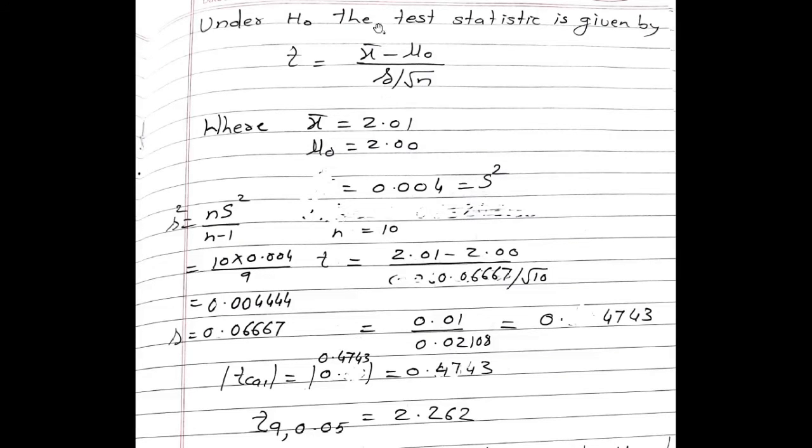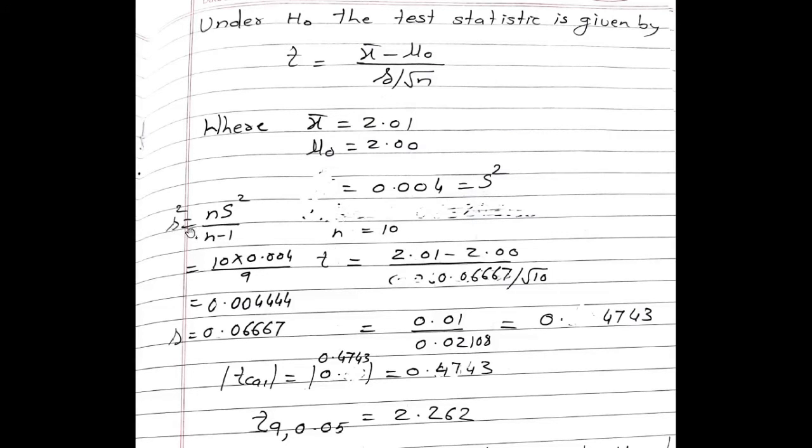So under H naught, the test statistic is given by T is equal to x bar minus mu naught upon S upon root n, where x bar is given as 2.01, mu naught is 2.00, capital S square is 0.004. So we'll find small s square, and n is equal to 10.